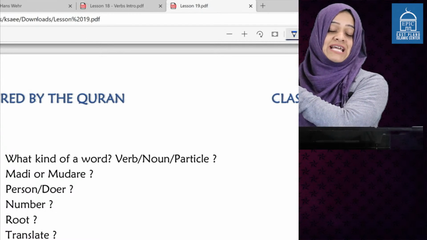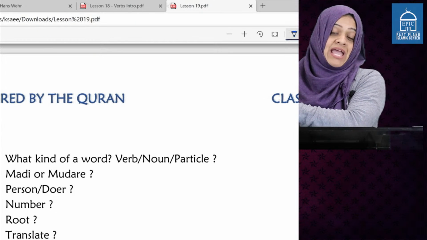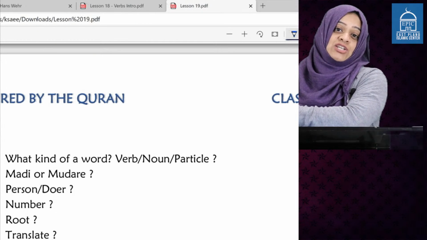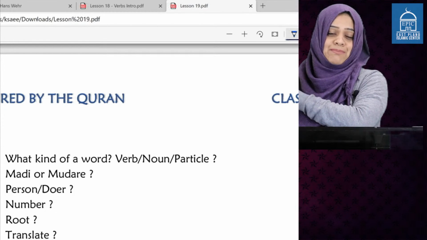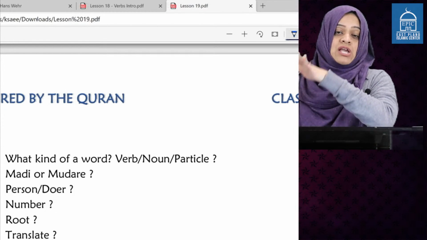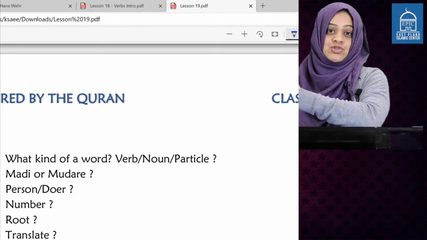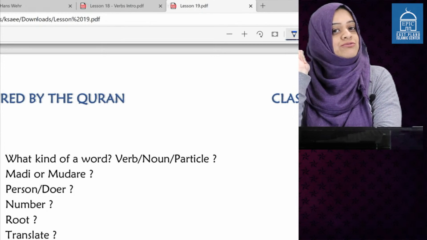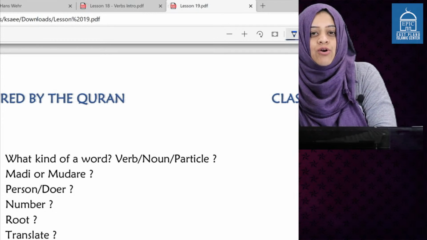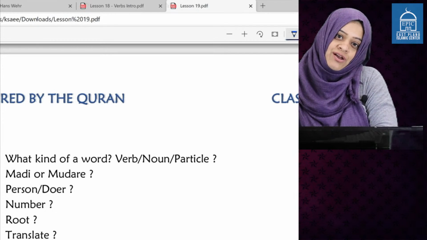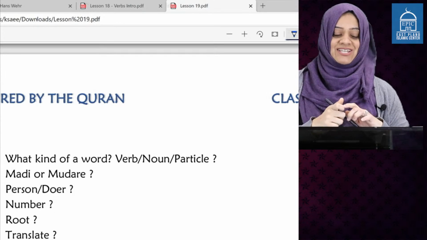I don't recommend any other dictionary at this time. It's the best dictionary for beginners. Find access to that dictionary, and you know now how you're led to your madi, and then to your mudare. Simple, right?